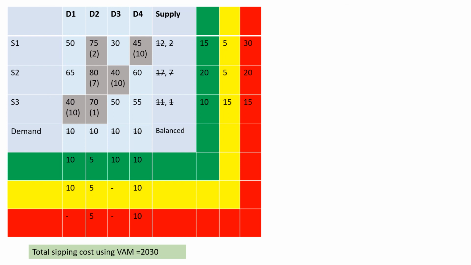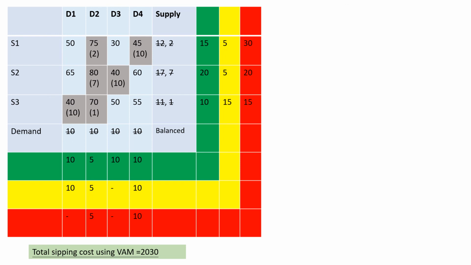So if we have the initial feasible value obtained by Vogel's approximation method, it is better and advisable to start from Vogel's approximation method to decrease the number of iterations to arrive at the optimal solution.